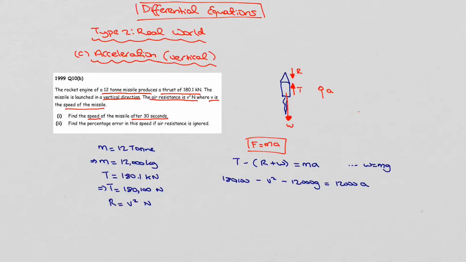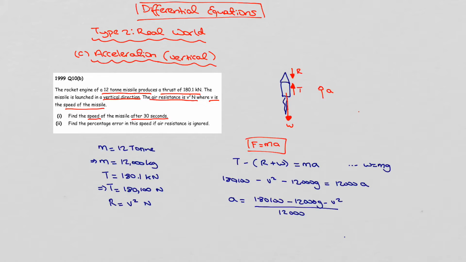So of course if I get a on its own there, what do I end up with? Well, I end up with 180,100 minus 12,000 g minus v squared, all over 12,000.